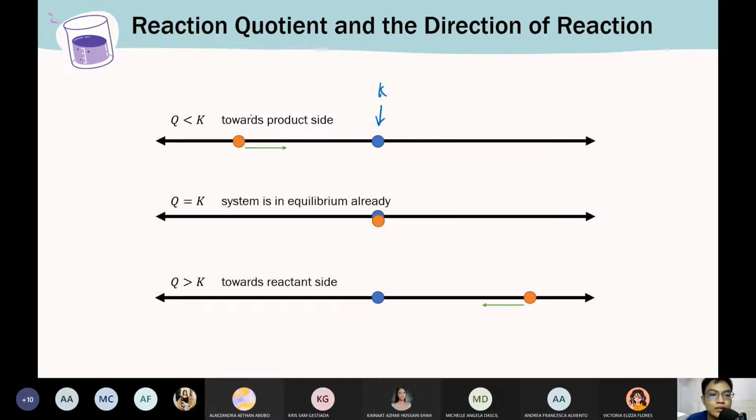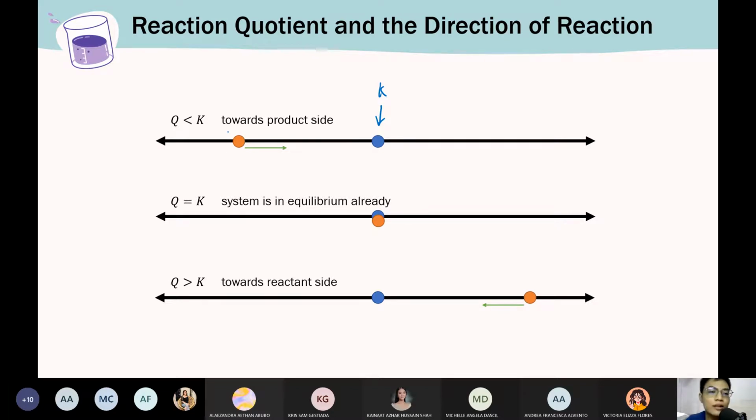So, depending on the initial amount of your chemical substances, your reaction may proceed in one direction. It can go towards the product side, towards the reactant side, or by chance, it is already at equilibrium. So, the K is where we want to go, and the Q is where we are.